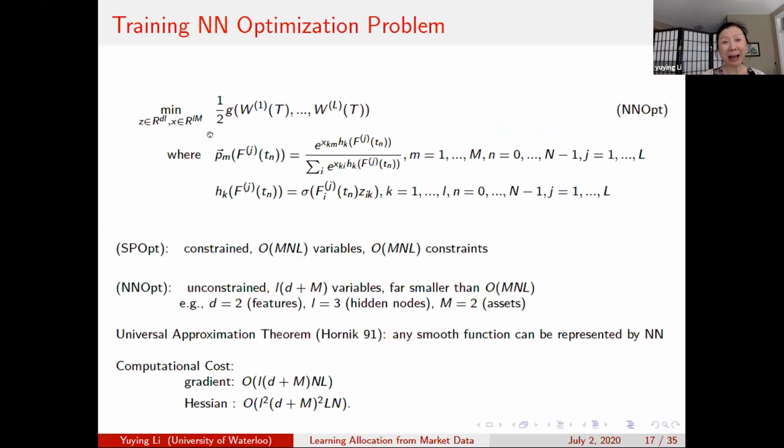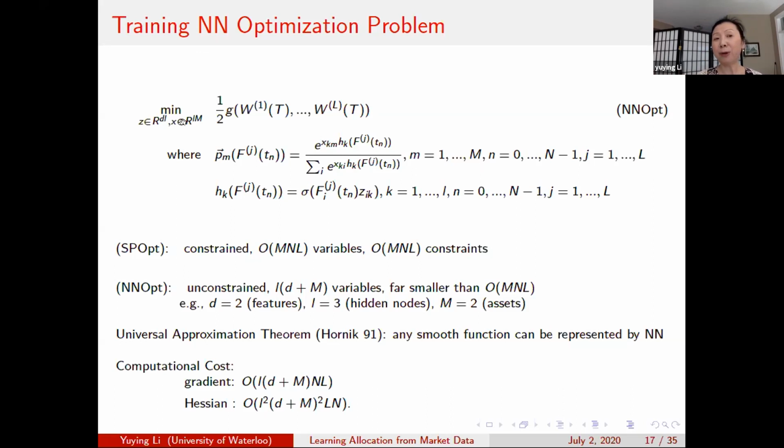So, okay, now my training optimization problem is basically this finite-dimensional optimization problem, right? My objective function depends on the wealth. The wealth is calculated explicitly by this formula from the feature variables, hidden layer weights, and the weights of the neural network. And so I have an unconstrained optimization to train my optimal control.